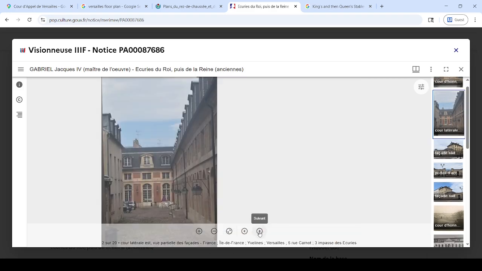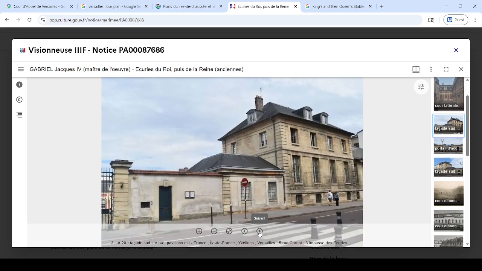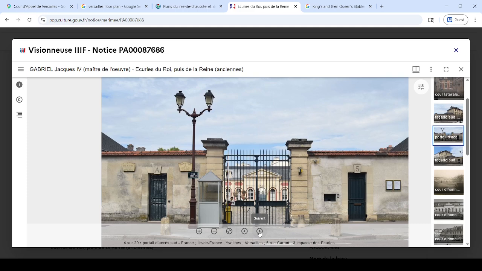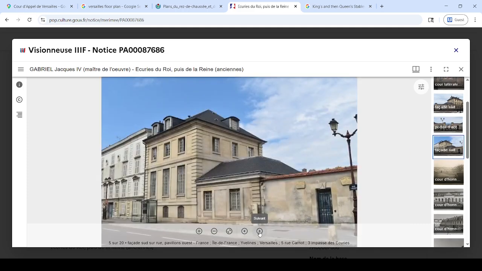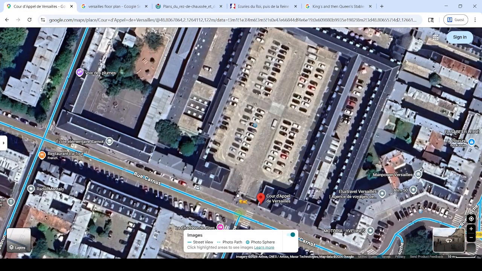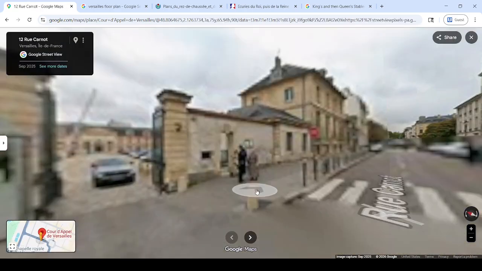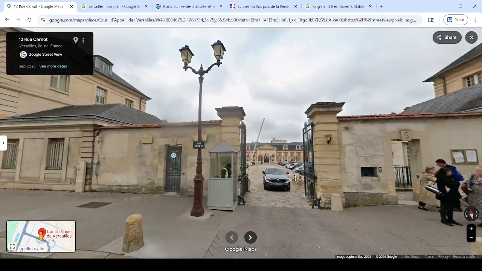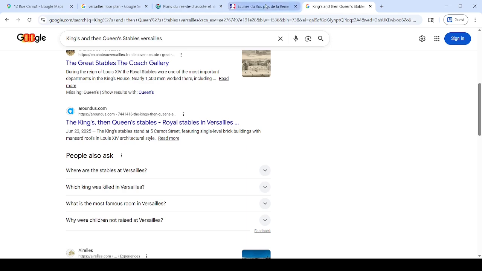It looks like this is one of the outer buildings with the main gate. And actually, if we go over and take a look at the map, we can see the bird's eye view of those. And from the street view, yep, there they are. So that's what the front of the building looks like.